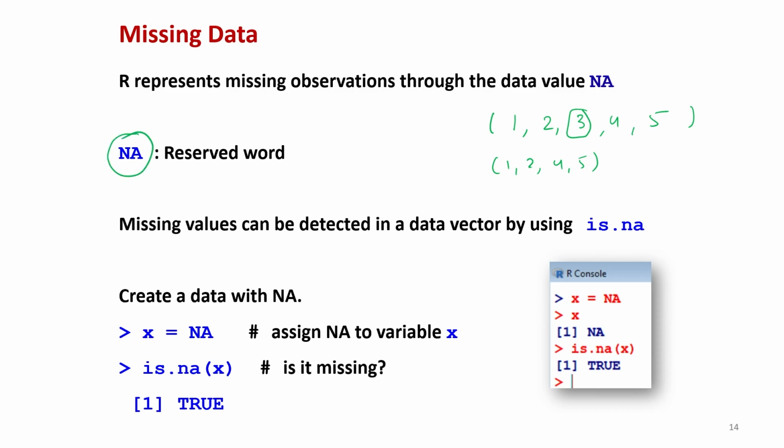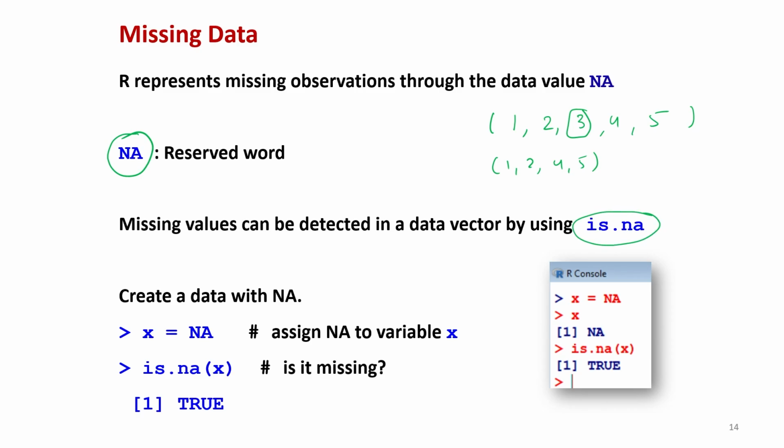and this is a reserved word. So you cannot use capital N, capital A for indicating anything else. Whenever the data comes to us, the data is collected by some other person, so our first job is to check: is there any missing value? This is done by the command is.na, all in lowercase.